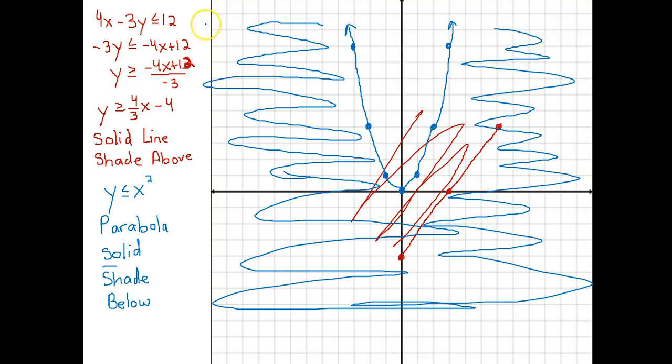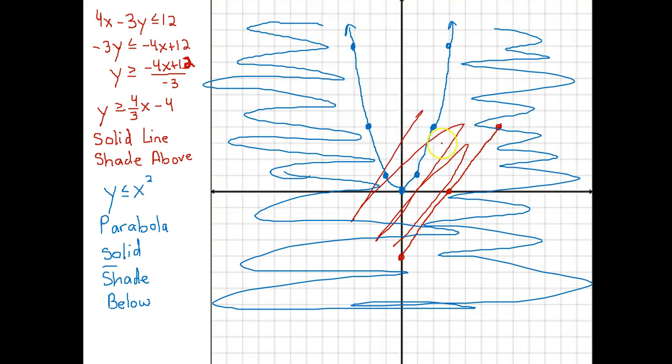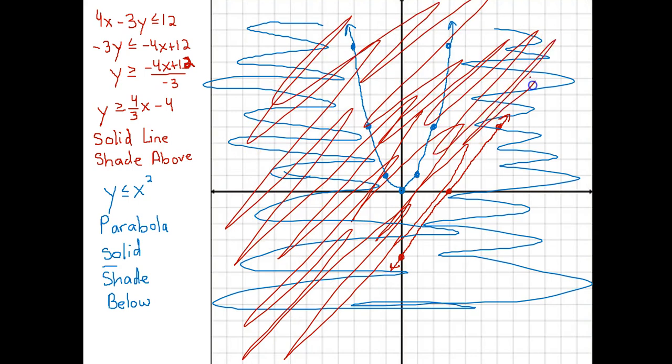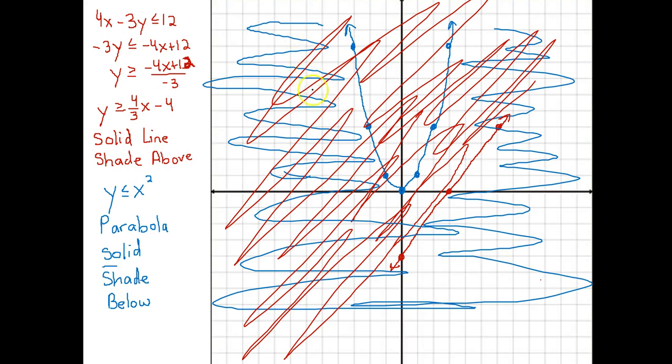Well, for the line, let me do my colors again. The line, I can go ahead and extend it. Put my little arrows. I know the line's being shaded all out here, up here. Okay, so the commonality would be everywhere that is red and blue at the same time.